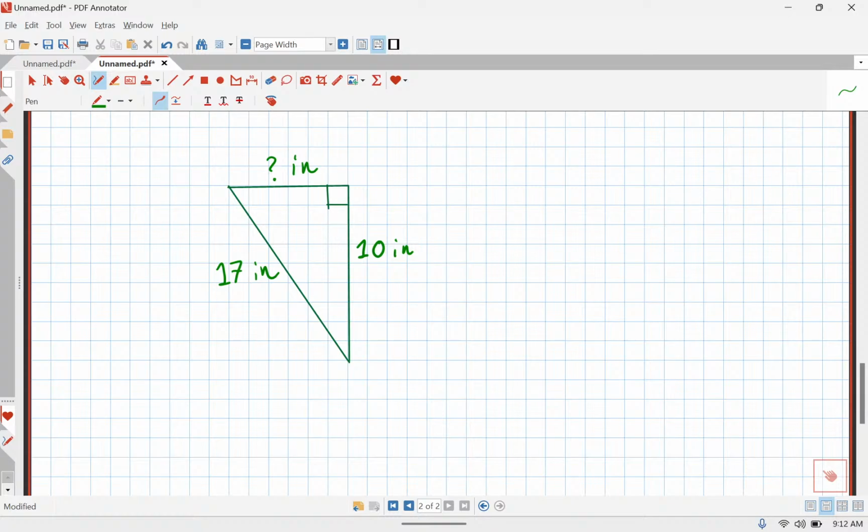These two have to add up. The two squares have to add up to this. So what can I do with 289 and 100 to find out this? Can you subtract that? That's exactly what we would do. Oops, other way.